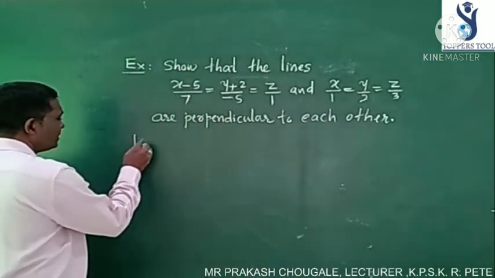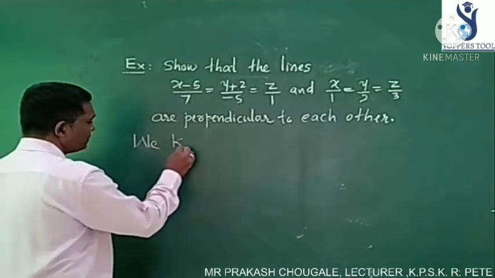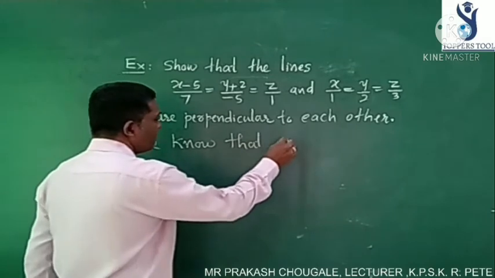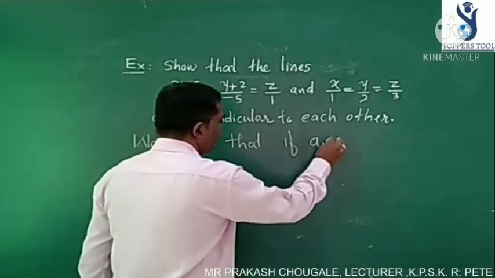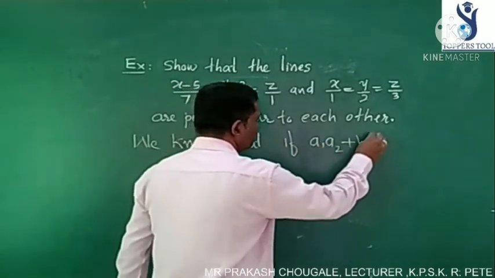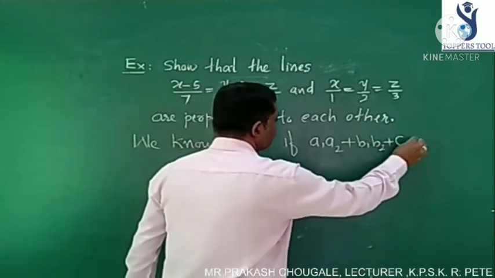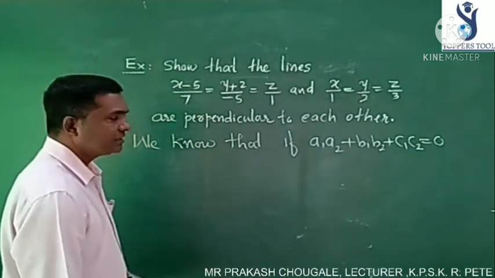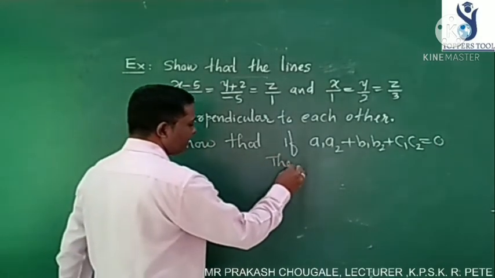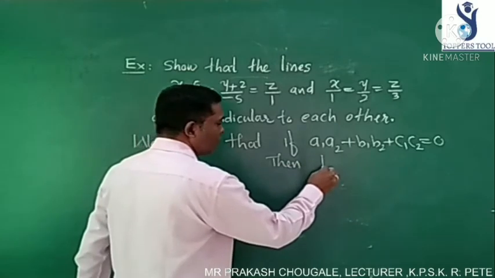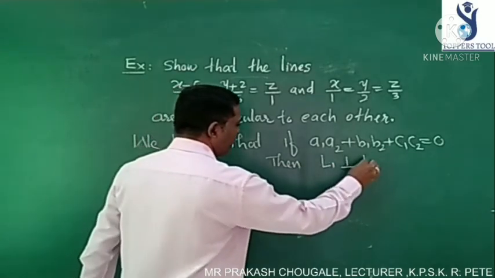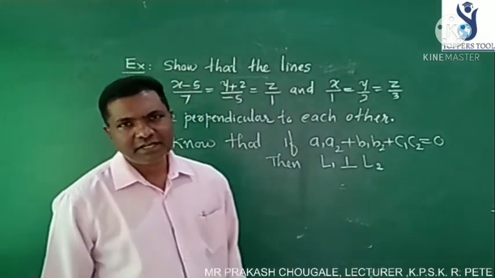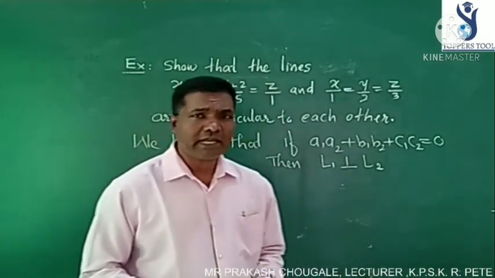We know that if a1a2 + b1b2 + c1c2 = 0, then the two lines L1 and L2 are perpendicular, which we studied in the condition of perpendicularity.